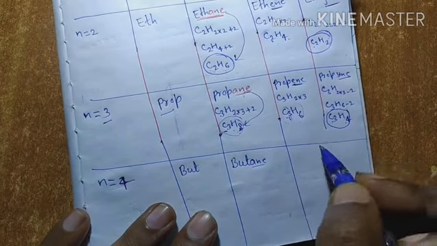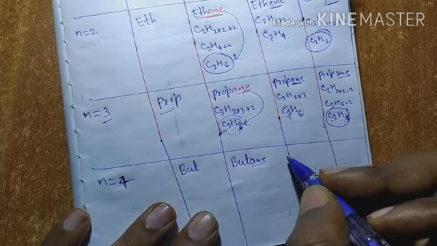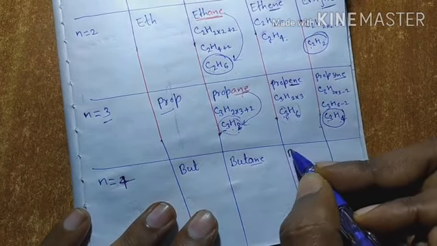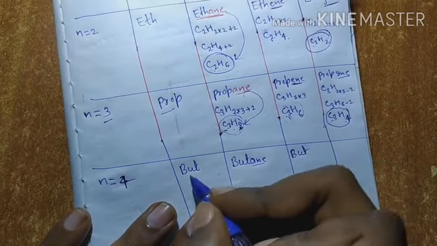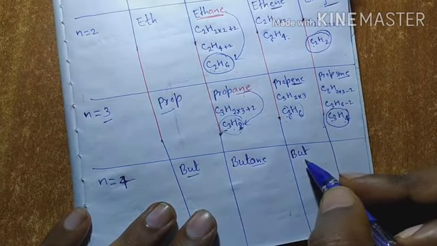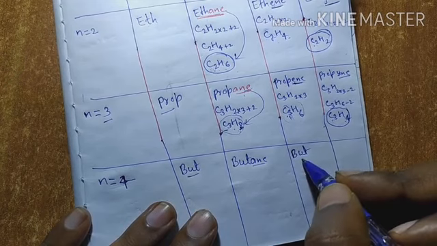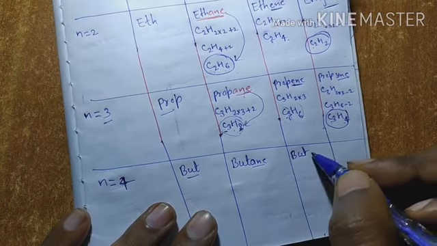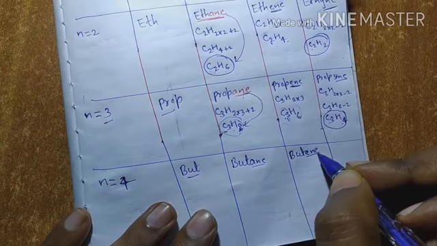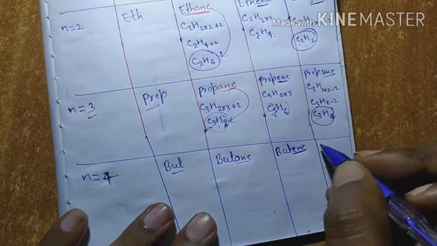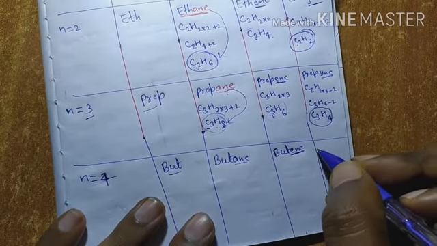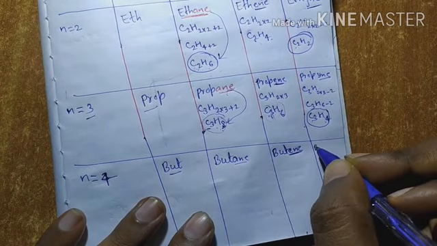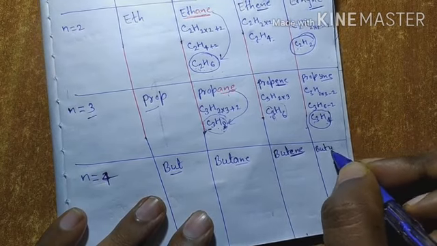This will be butene: first of all, write the root word but, and add ene, this is butene. Similarly, in case of alkyne, write the root word but and add suffix yne, butyne.